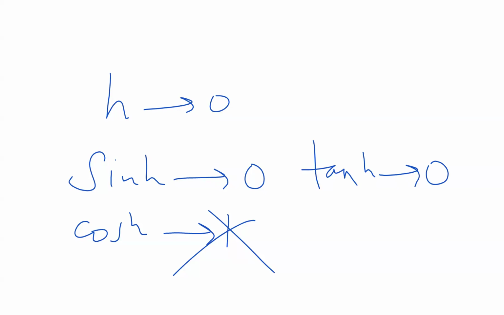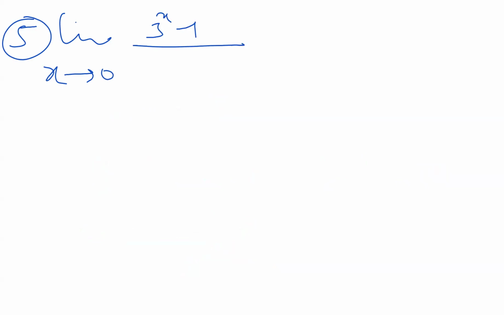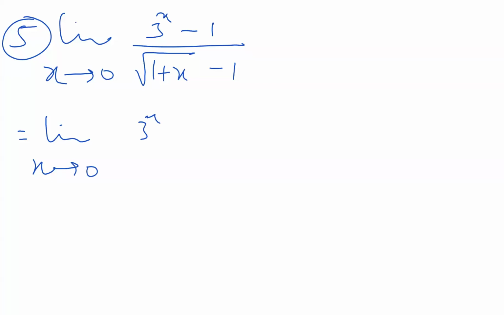Question number 5. X approaching 0, 3 raised to x minus 1 upon root of 1 plus x minus 1. So rationalize the denominator. Perfect. Rationalize the denominator, root minus some value.